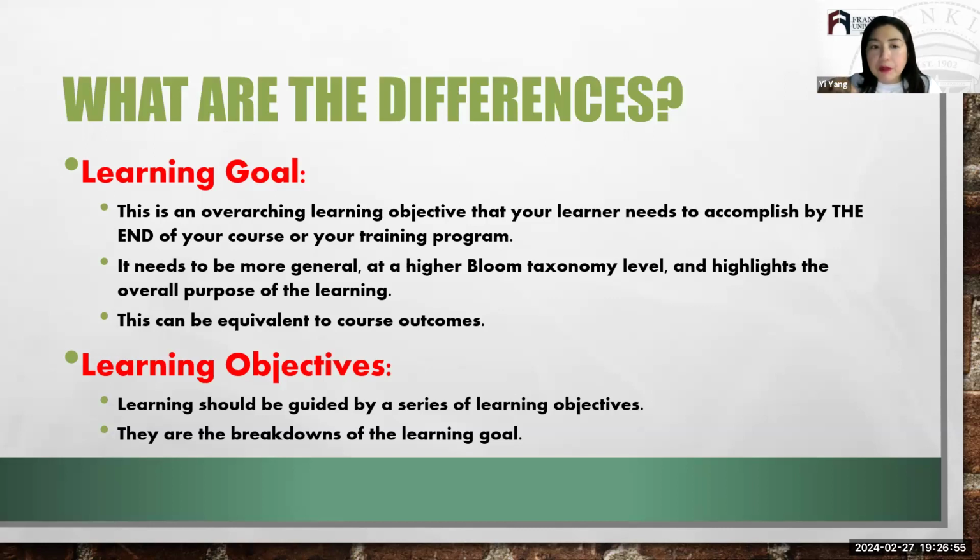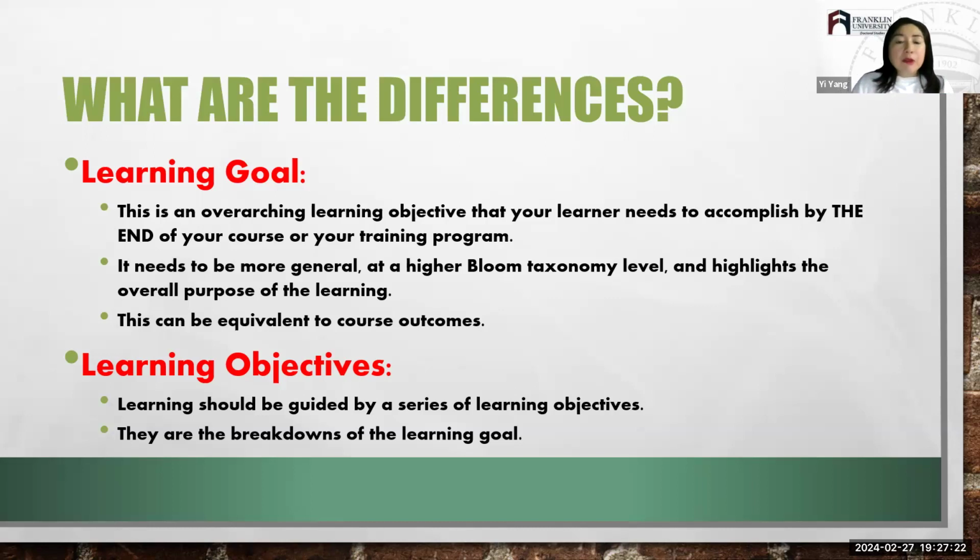When we say goal and objective and outcome, those three words could be used interchangeably, especially objectives and outcomes. A lot of times we will use learning outcomes, a lot of times we use learning objectives. But just make sure when you put a learning goal there, it has to be at the higher level of learning.